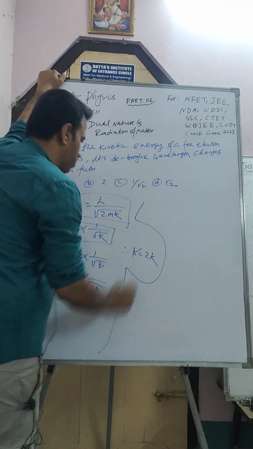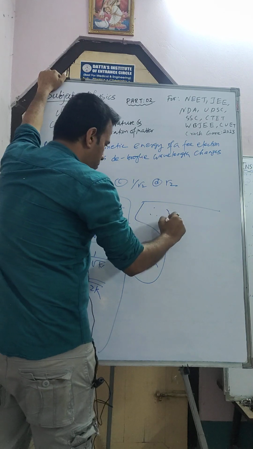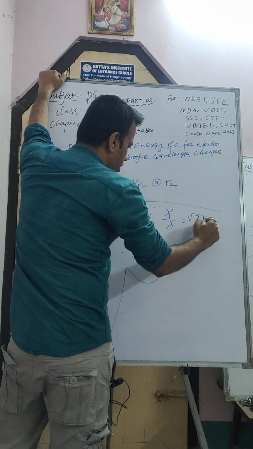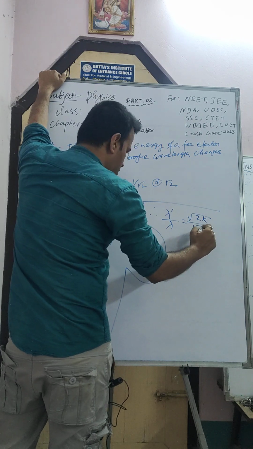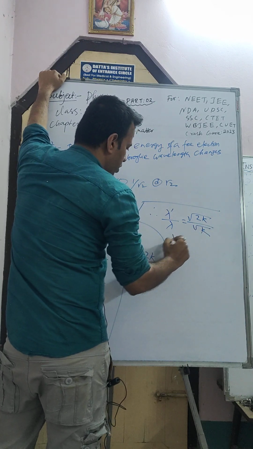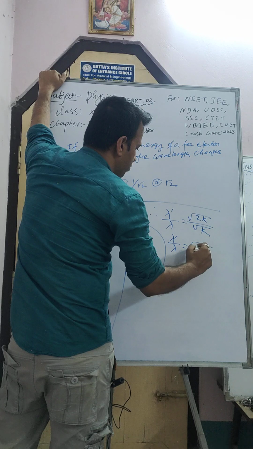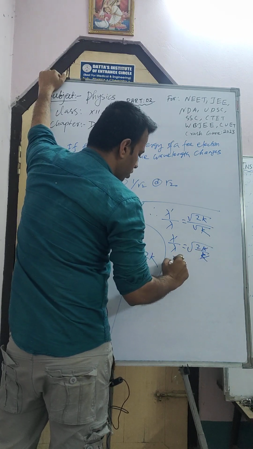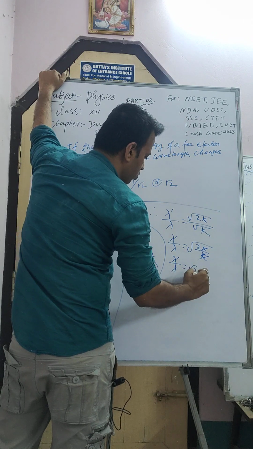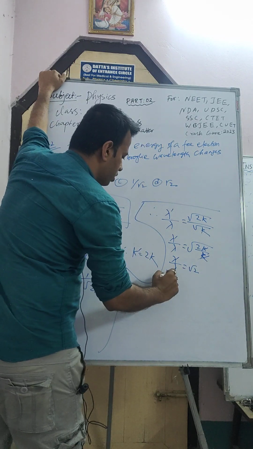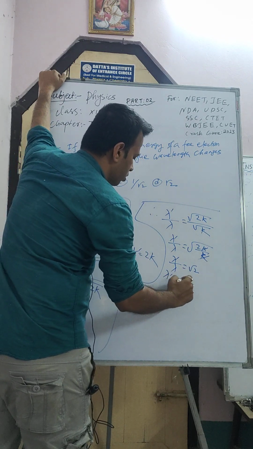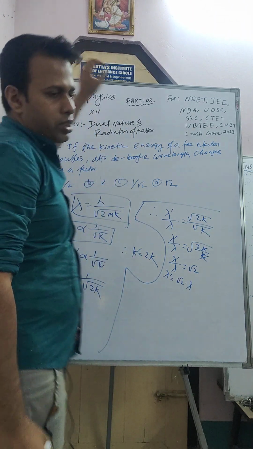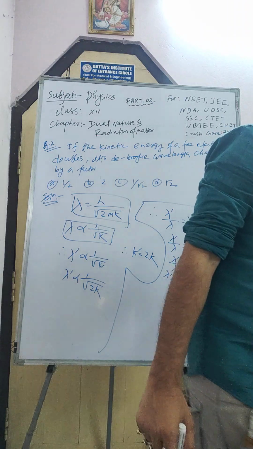Now come here. Therefore lambda dash by lambda is equal to root over 2K by root over K. So K cancels. So lambda dash by lambda is equal to root 2. Okay. So lambda dash is equal to root 2 into lambda. So which option is correct here? Option D is correct.